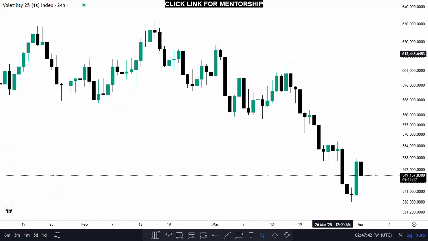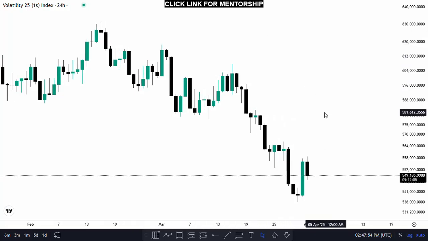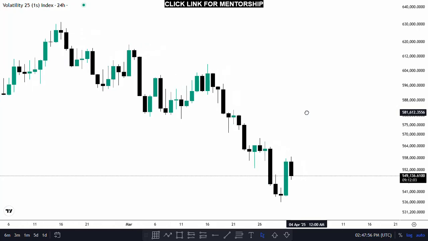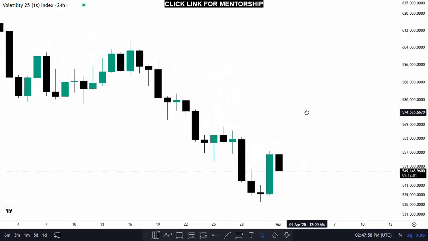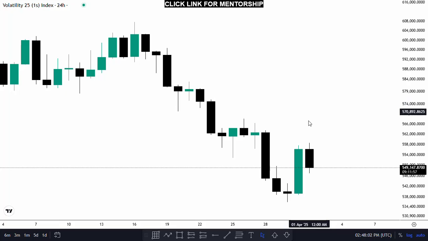All right, so for the last kind of pool of liquidity around the POI, I'm going to use the Volatility 75 (1s) index, for some of you who trade the synthetic indices. So you can see this is where we are.